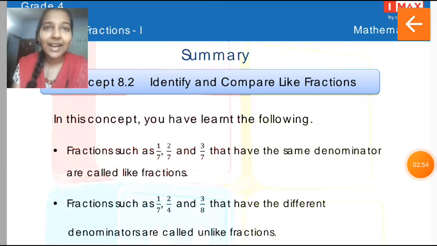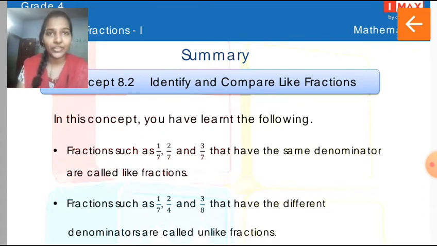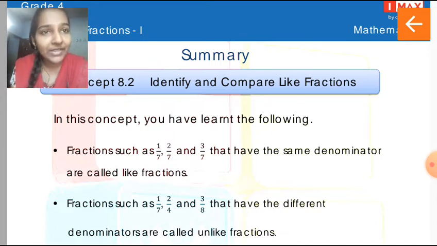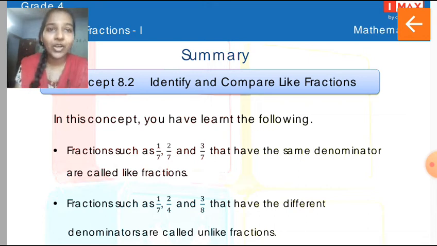Children, after this we learned about different types of fractions, isn't it? Which are the different types of fractions we learned? Like fractions, unlike fractions and unit fractions. Can you say what are like fractions? Fractions such as 1 upon 7, 2 upon 7 and 3 upon 7 that have the same denominator are called like fractions.